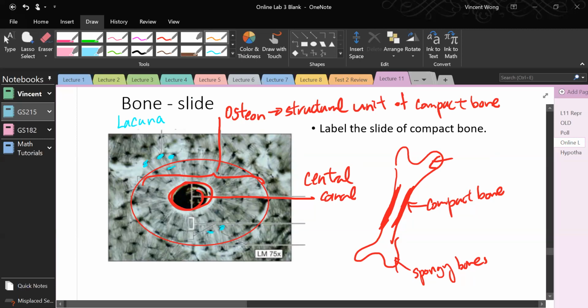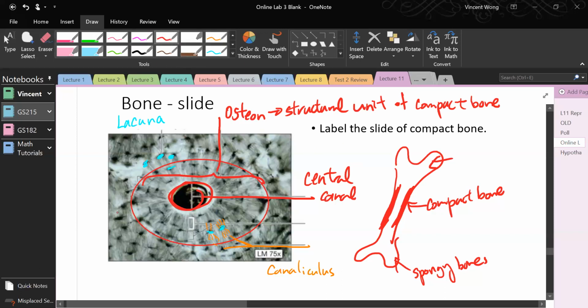You can't really see it too well at this magnification, it's only 75. But coming out from the lacuna are these little cracks. These cracks, which is what this is pointing at, that's the canaliculus, which are little channels that allow the blood vessels to traverse through this osteon.